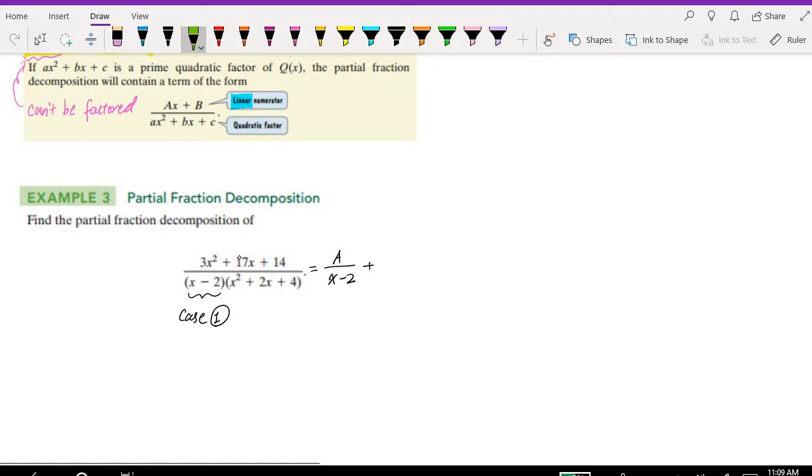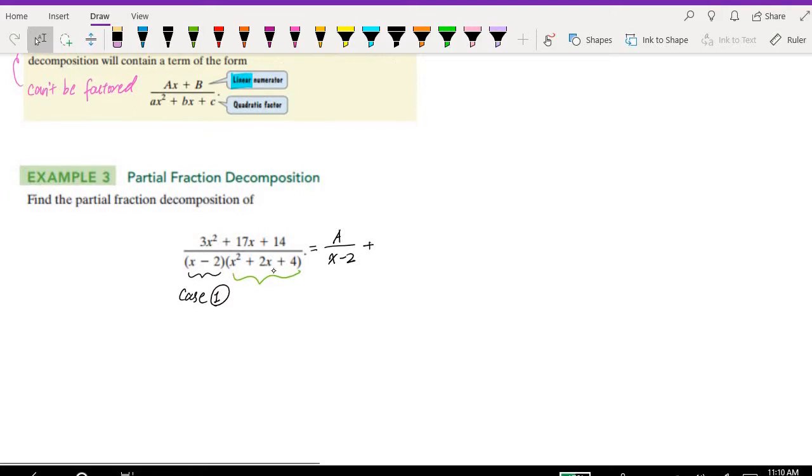Now we're going to look at the second portion, x squared plus 2x plus 4. When we look at this, we have to think, is it a prime quadratic factor? It does look like x plus 2 squared, but it's not the case.